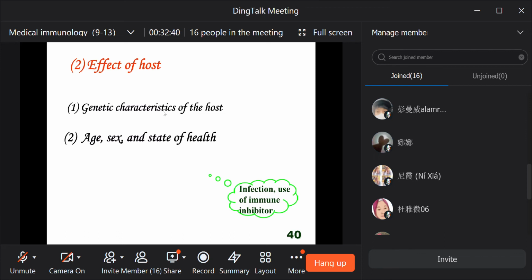So the host factor is a very important part for antigens in our body.